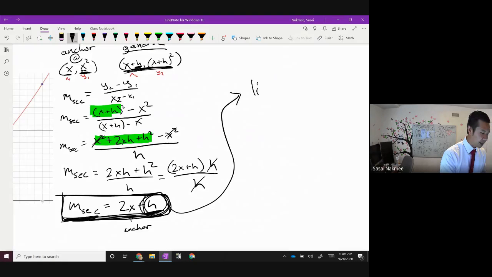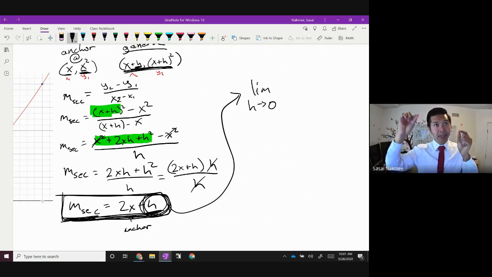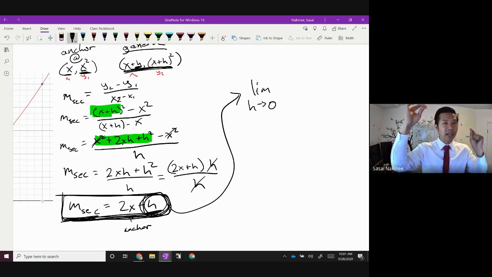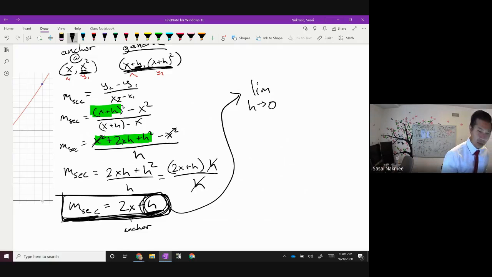If I take the limit as h approaches 0, the distance between the 2 points is going to approach 0. And as the distance between those 2 points approaches 0, the slope of this function, 2x plus h, is going to be equal to just 2x.